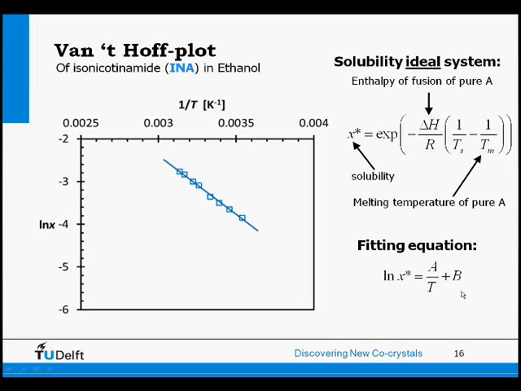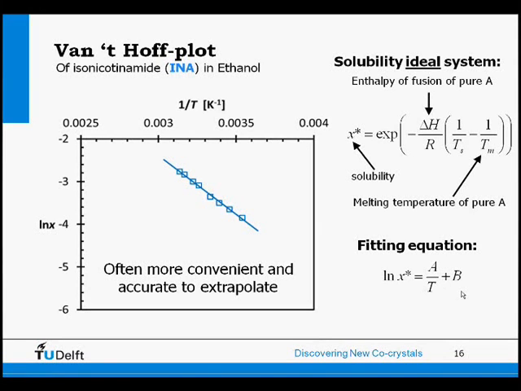So then you can determine the composition you need to get a saturation temperature of, for instance, 40 degrees. And this Van 't Hoff equation is often more convenient and accurate to extrapolate. So usually we use some sort of the Van 't Hoff equation to fit our data.